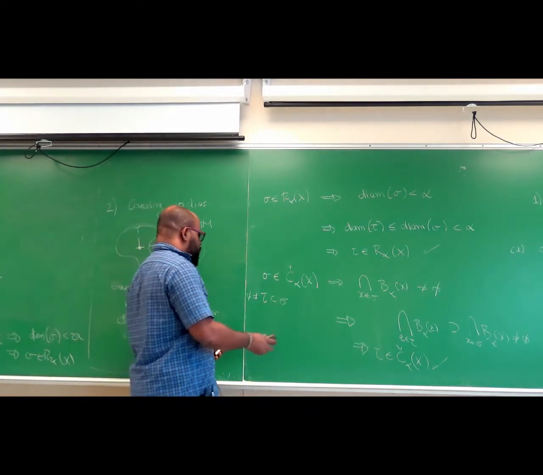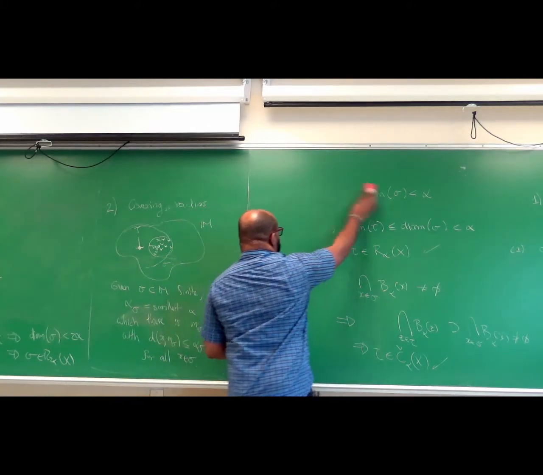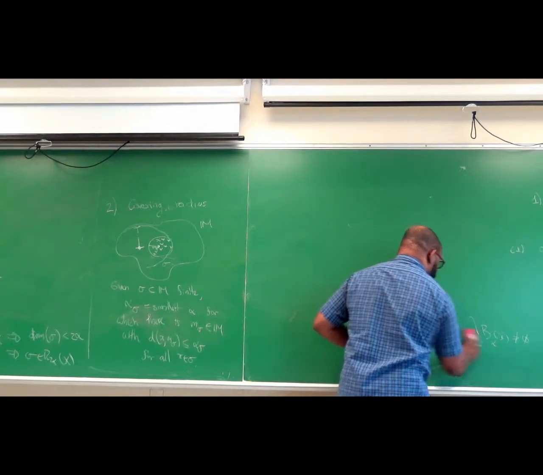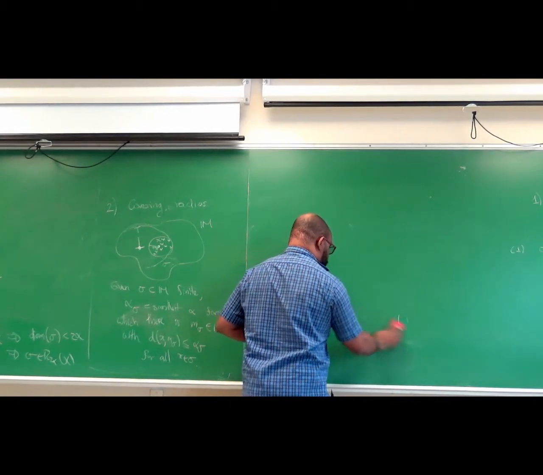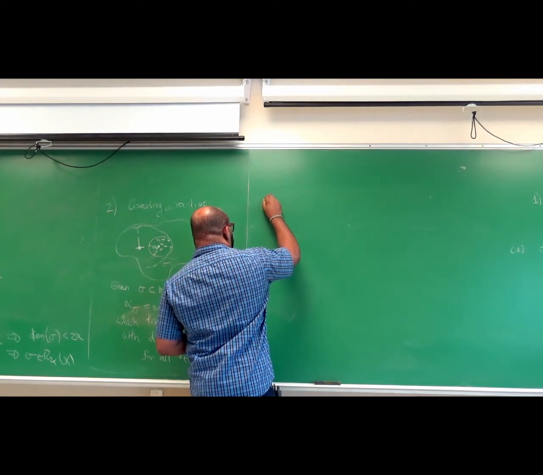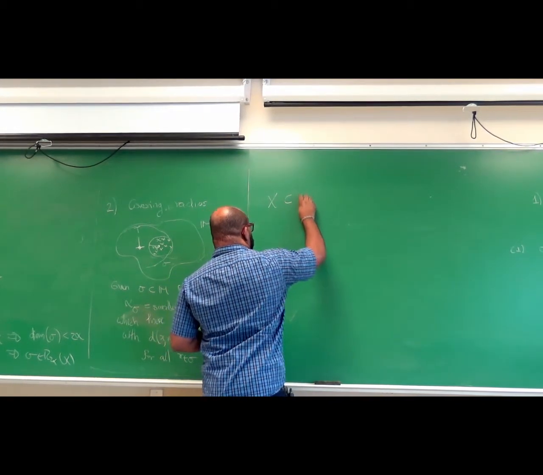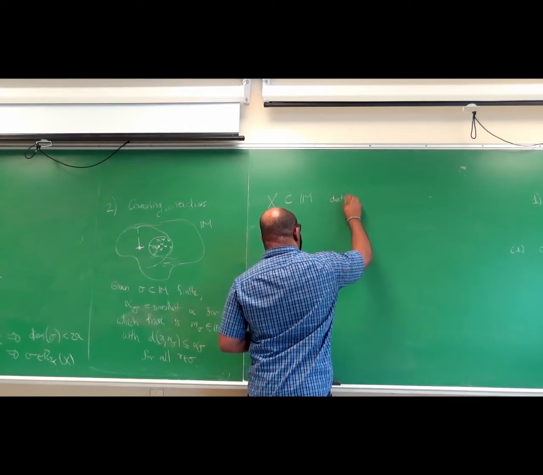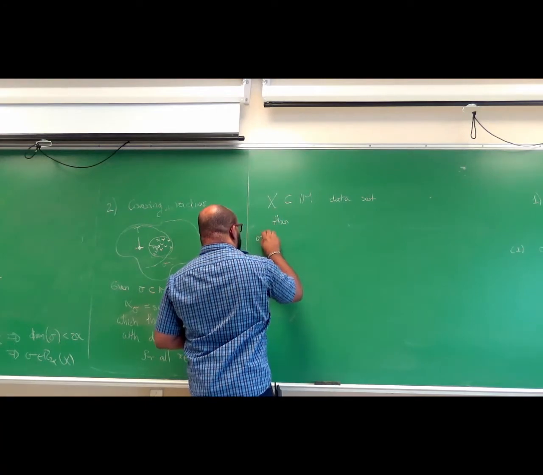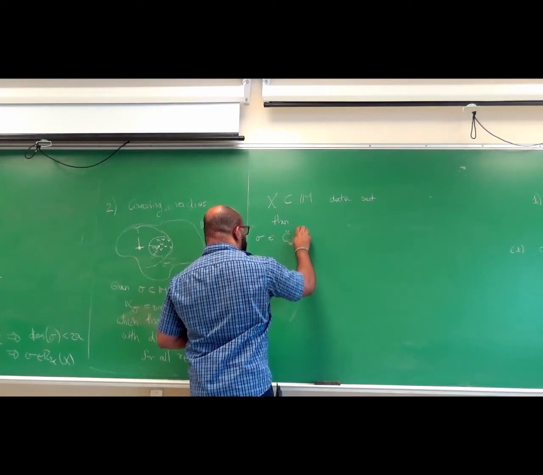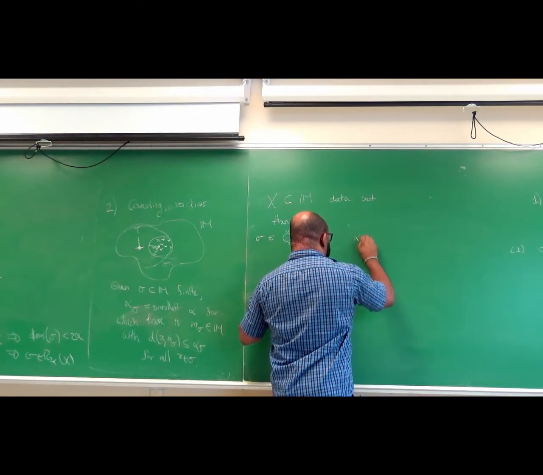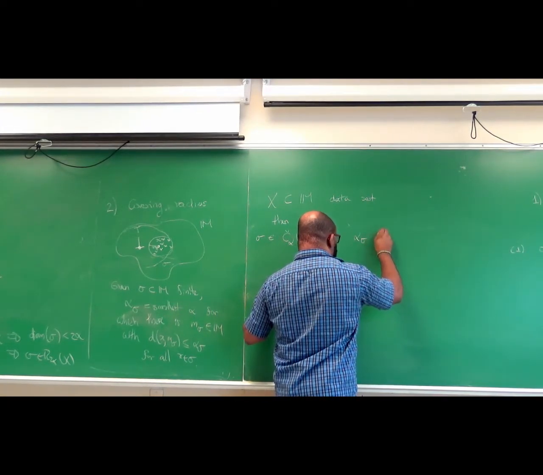And then what we have to prove is that now if you take a data set, so for finite set, then sigma is in the Čech complex at alpha if and only if the covering radius of sigma is less than alpha.